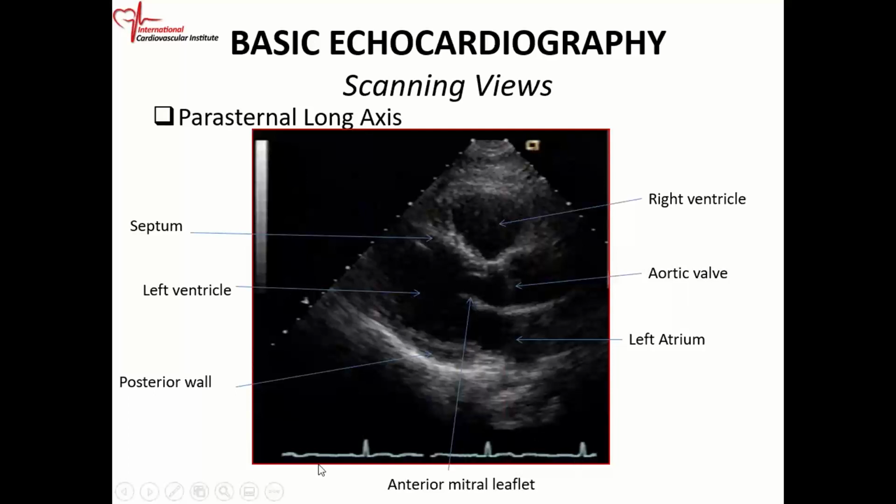All of our echoes are done with ECG gate. And what we mean by that is everything in the heart is either systolic or diastolic. So it is gated. Everything in the heart is either a systolic phenomenon or a diastolic phenomenon. So our ECG is on the bottom.